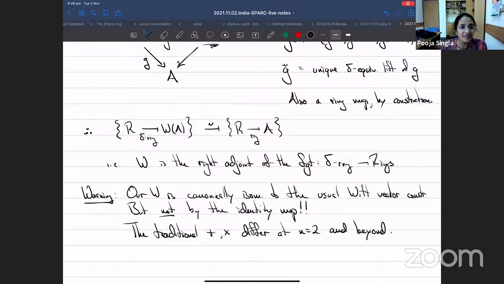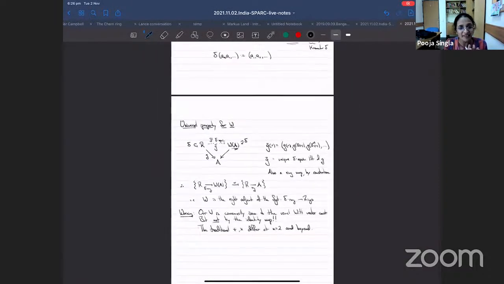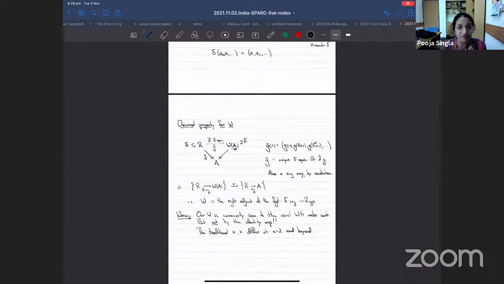I have a question. Is there some specific property of a ring that I should look for if I want to know whether it has a p-derivation or not? Is there something that says it cannot have a p-derivation? Are there things that one can look for?